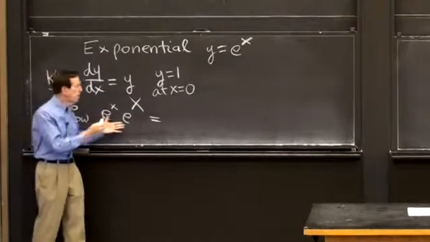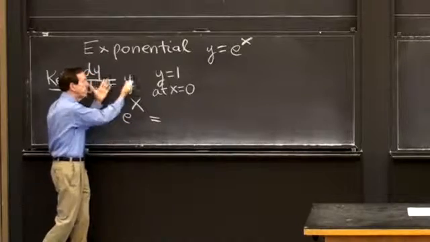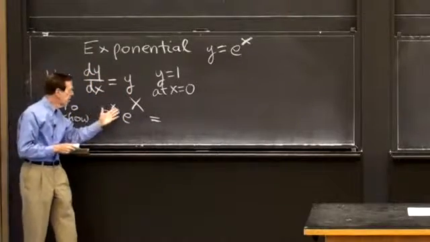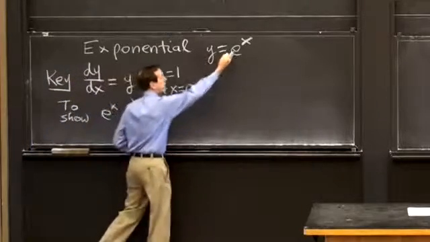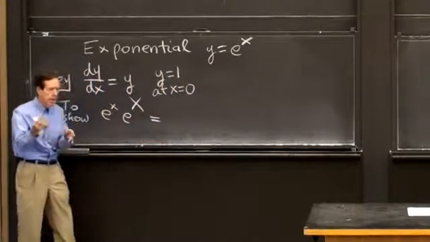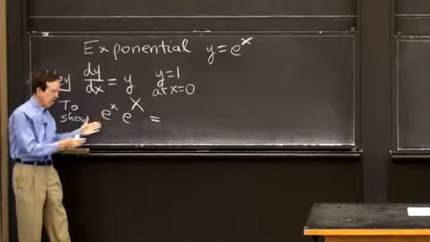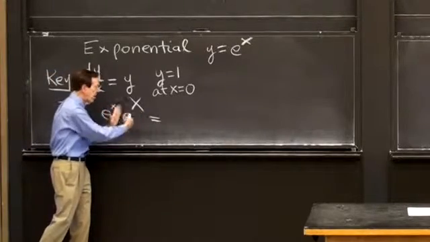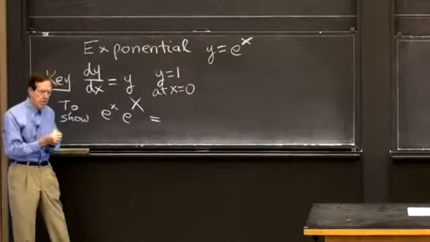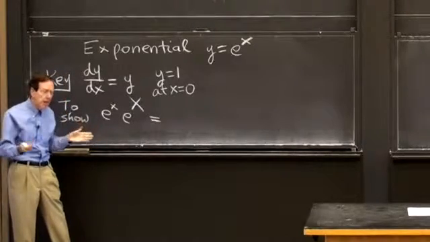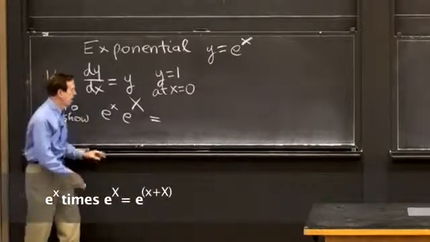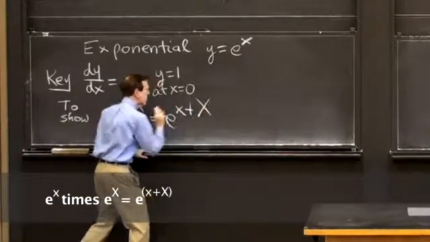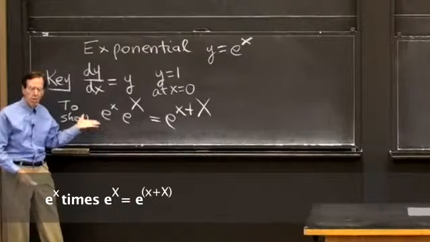This has got to come out of the construction, out of this property. We want this to deserve to be called some number to the x power. If we take some number x times and multiply it by that same number, capital X times, then we've got that number how many times? x plus capital X. So that's a key property to be proved.